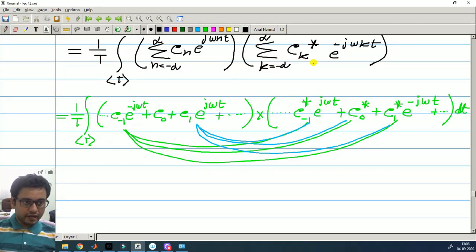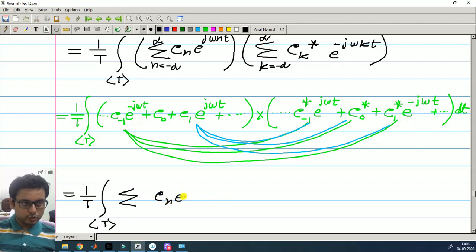So if I write this summation in this way, sum over Cn e to the power j omega nt, each of these terms for each value of n will get multiplied with ck star e to the power minus j omega kt.